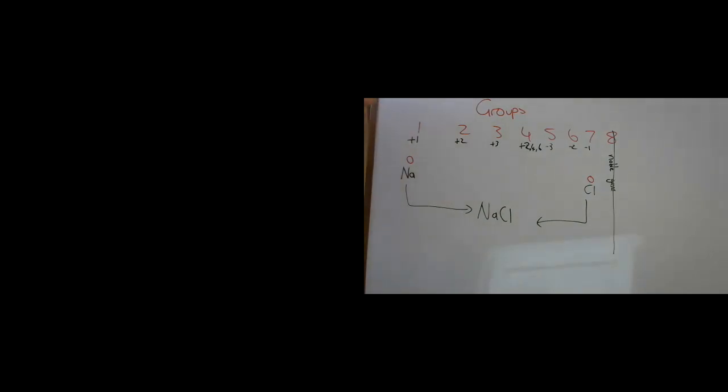When they bind together, we know that the metals donate their, in this case, their 1 electron to the non-metal. So in this case, sodium has a charge of +1, chlorine has a charge of -1. The takeaway here is the charges have to balance when we're naming.